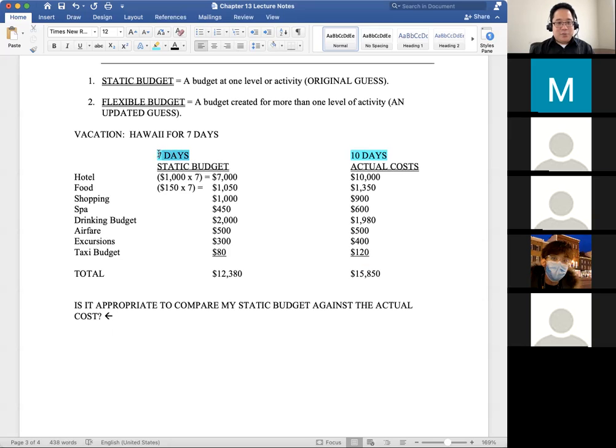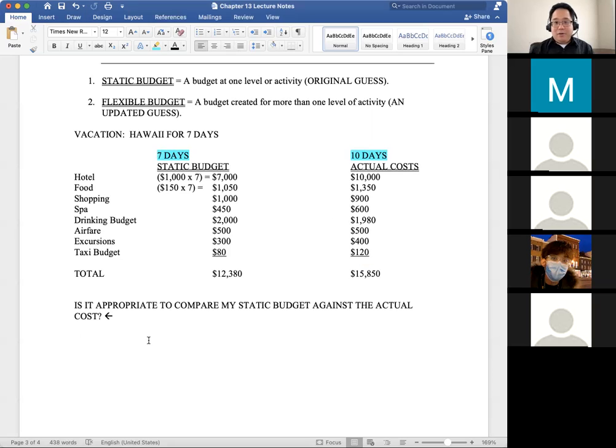My original budget was for a 7-day vacation. I actually stayed on vacation for 10 days, right? So obviously, if you stay for longer, the cost is going to be bigger, right? So I can kind of understand, yeah, actual cost is 15,850, budget cost is 12,380.